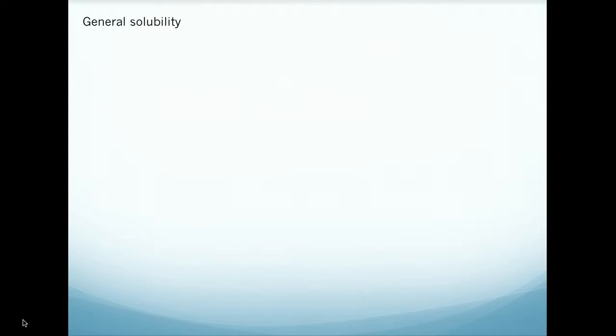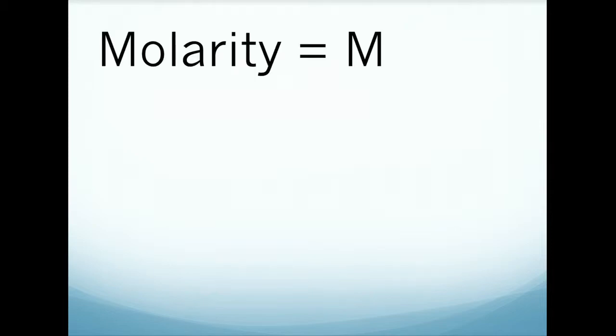All right, so we're talking about general solubility. In terms of general solubility, we looked at having it being unsaturated, saturated, or supersaturated. But we can talk about specific solubility, and that's molarity. We can numerically find out just how concentrated a solution is.